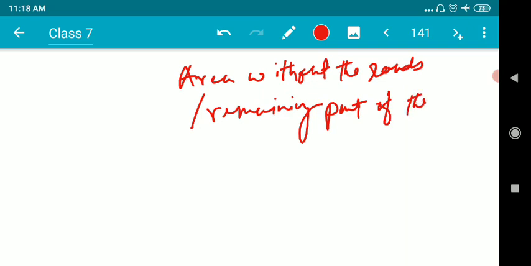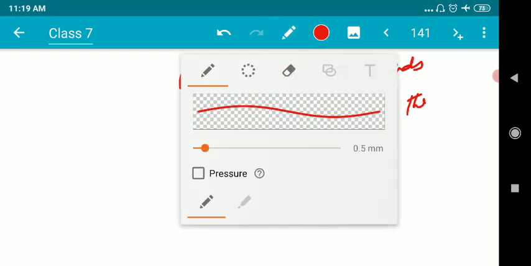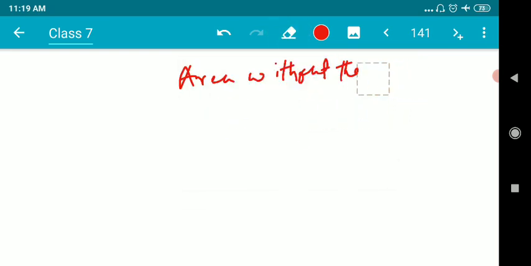Area of the remaining part of the field is equal to the area of the field minus the area of the roads. Let's find out the area of the roads first.